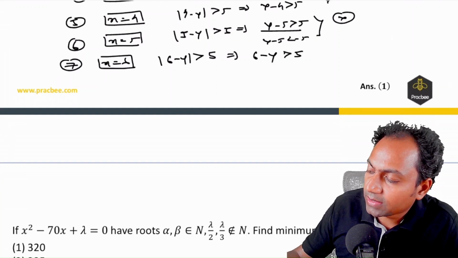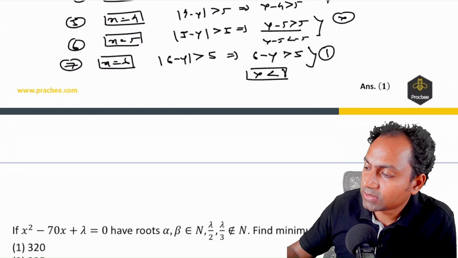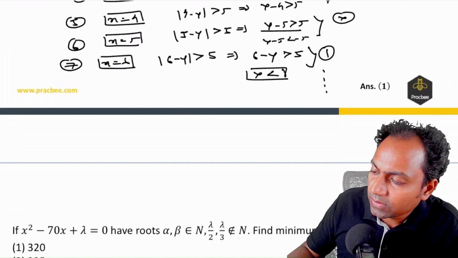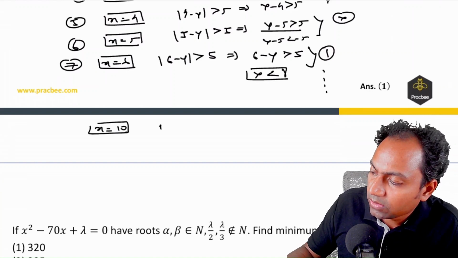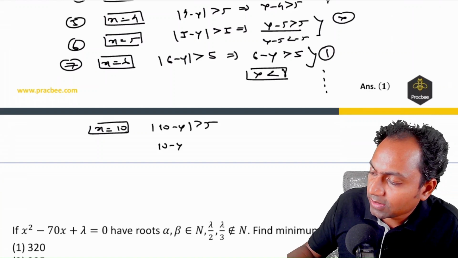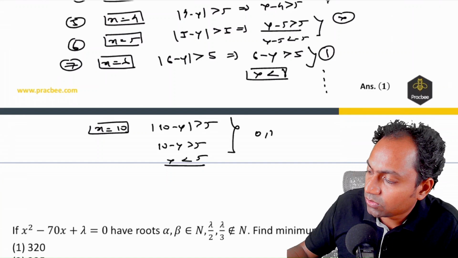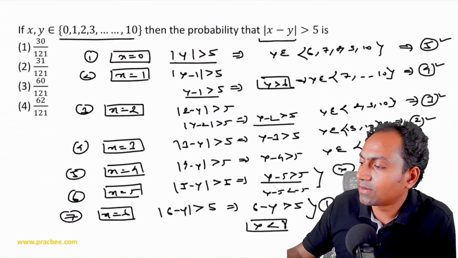And now if I take this, the value of y should be smaller than 1. So corresponding to this, one answer will come. And now the cycle will change. And now what will happen in the last case is we will put x equal to 10. And you can see mod of 10 minus y will be greater than 5. So 10 minus y is greater than 5. That would mean y is smaller than 5. And you will see that again it will give you 0, 1, 2, 3, 4, 5 values. So you can see that we started with 5, we ended with 5.